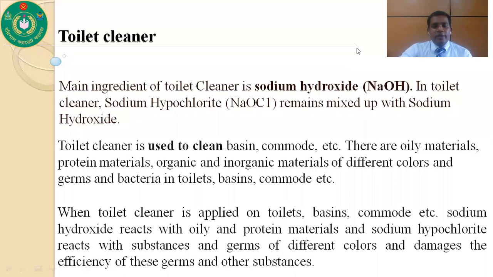And sodium hypochlorite reacts with substances and germs of different colors and damages the efficiency of these germs and other substances. So we can say that in toilet cleaner, sodium hydroxide removes oily materials, protein materials, organic and inorganic materials from toilets, basins or commodes. And sodium hypochlorite kills germs.